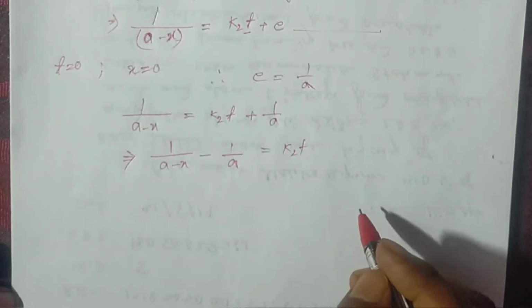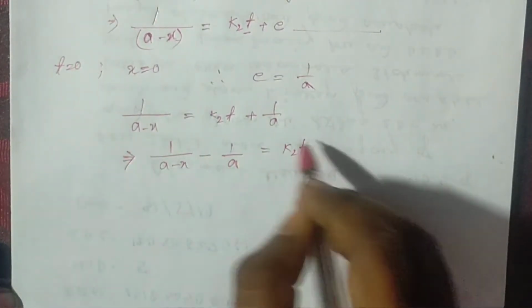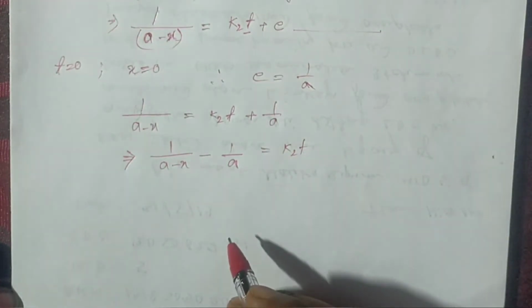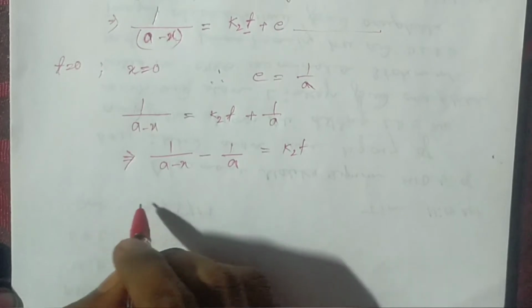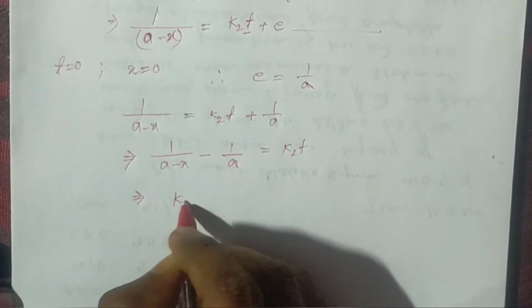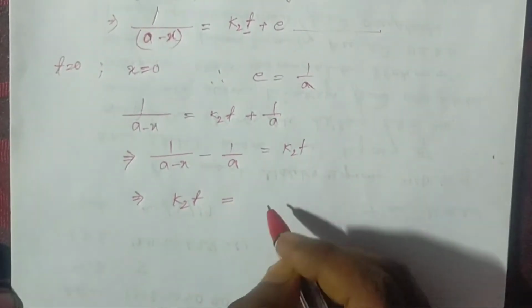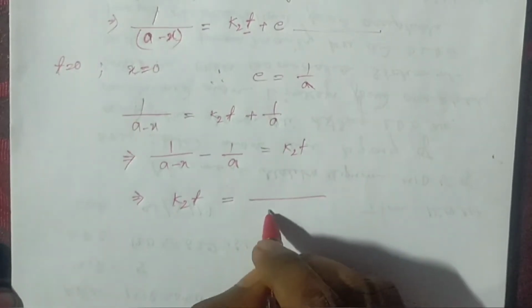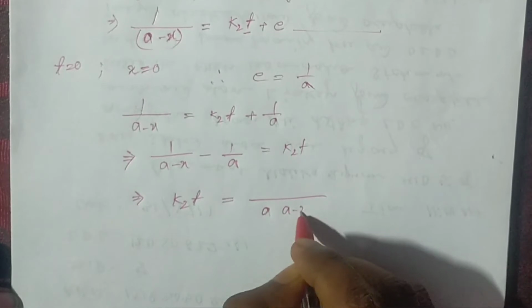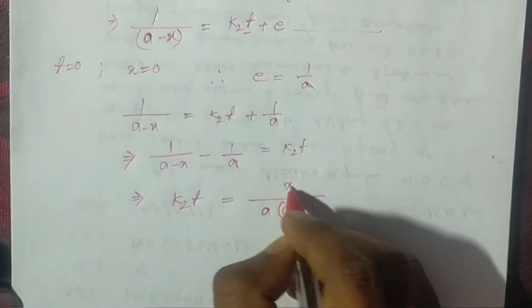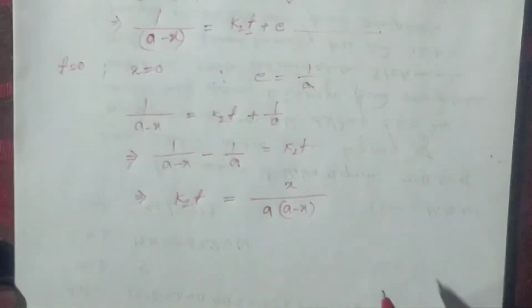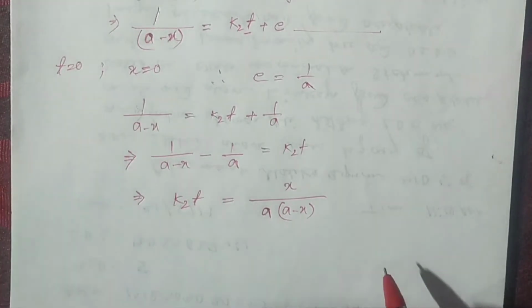This is the final equation for second order reaction. If you simplify it, it becomes x by a into (a minus x) is equal to k2t. This is the final equation for second order reaction.